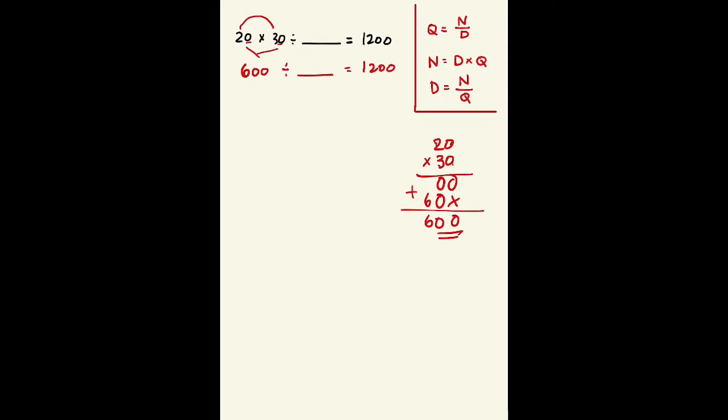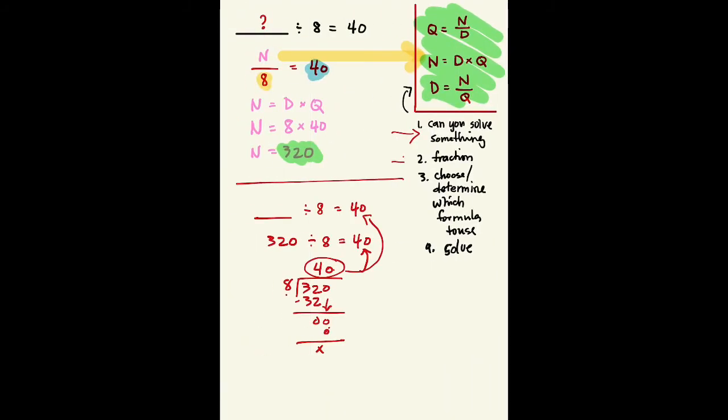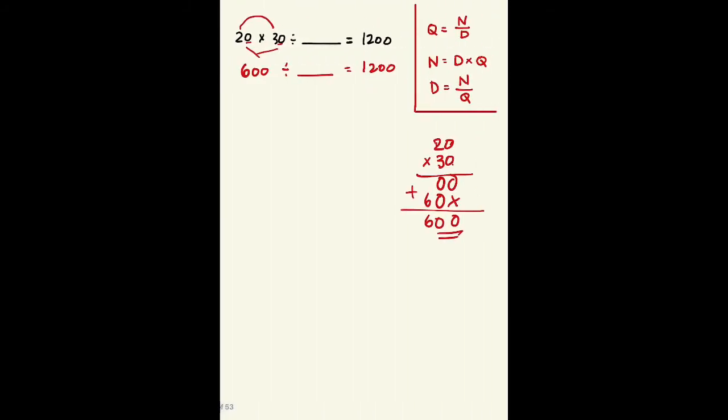Now, next, make it into a fraction form. So 600 divided by something equals 1,200. So what's missing? The denominator is missing, so we use this formula. Since we know that the denominator is missing, I will substitute that with d.